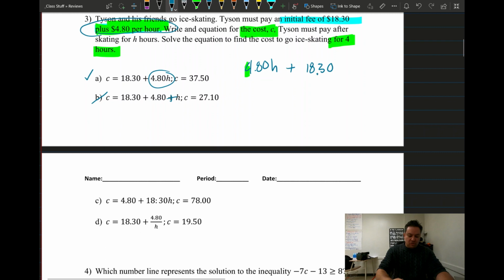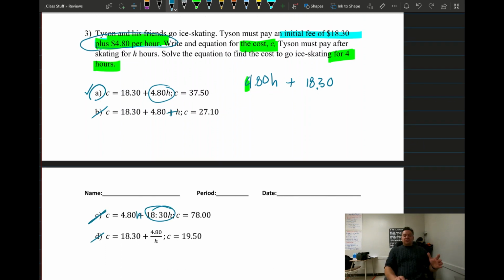Now, if I'm playing 4 hours, because you've got to solve it, however, they kind of already gave you the answers. You don't really need to solve it because you already disregarded everything else. However, if you were to solve it, you're going to put in the 4 hours right there. So 4.8 times 4 plus 18.30 has to be 37.50.